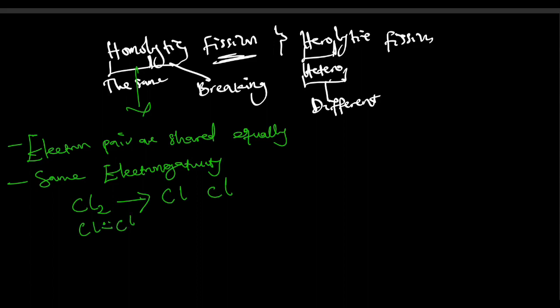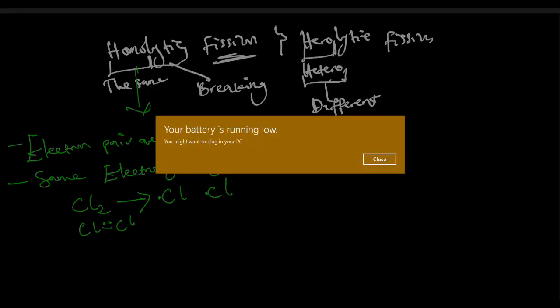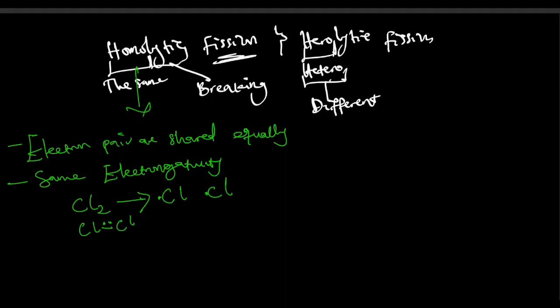Between Cl and Cl there are two electrons. In homolytic fission, they will each have one electron attached to themselves.